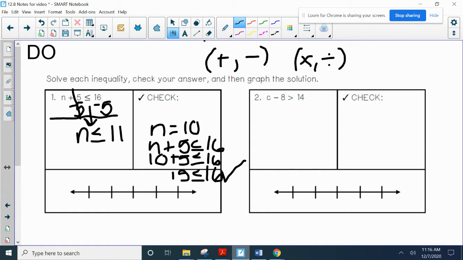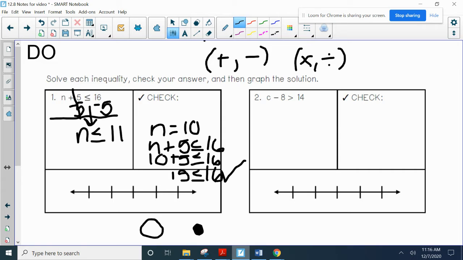Now let's go ahead and graph it real quick. We talked about 2 types of circles yesterday when we are graphing these inequalities. I want you to tell me this to yourself, obviously, because I cannot hear you through your screens. We'll talk about it more in our guided practice. We had 2 types of circle. We had a closed circle and an open circle.